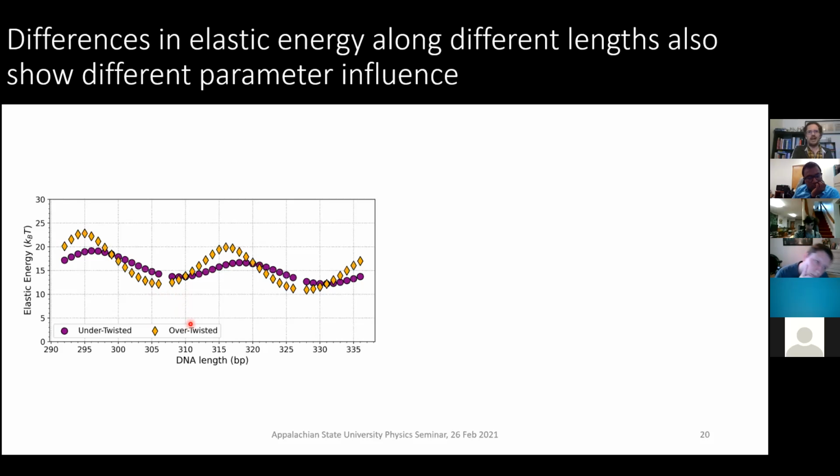Low energy biologically means a more stable configuration. What is interesting in this figure to us was that the more over-twisted nucleosome bound to our model had a higher variation in energy as you increase the size of our loop, while the under-twisted one did show a variation, but not as drastic of the two.